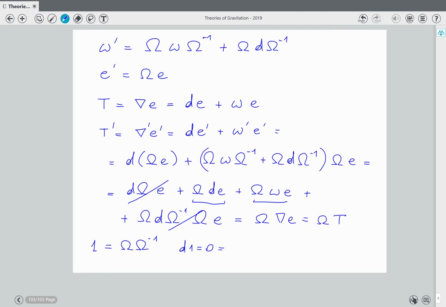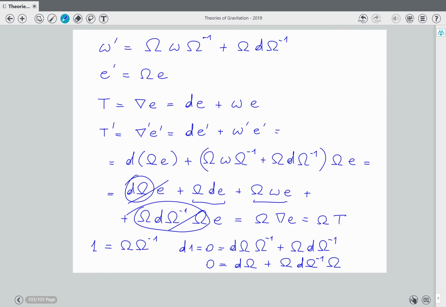If you take the exterior derivative, that's d omega omega to the minus 1 plus omega times d omega to the minus 1, which means that multiplying by omega to the left, 0 is equal to d omega plus omega d omega minus 1 omega. So this and this are opposite to each other and they cancel out.